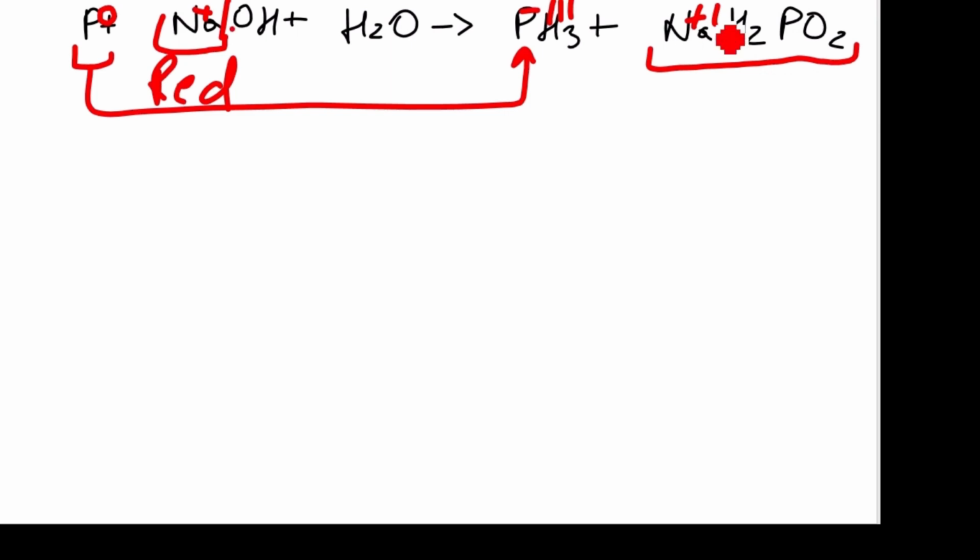What about the oxygen? Here in sodium hydroxide, the oxygen atom oxidation state is equal to -2, as well as in the water particle. Where are the oxygen atoms? On the right side of the arrow, in the product.